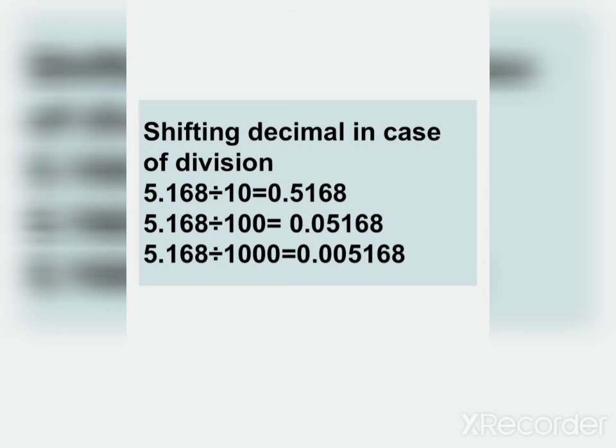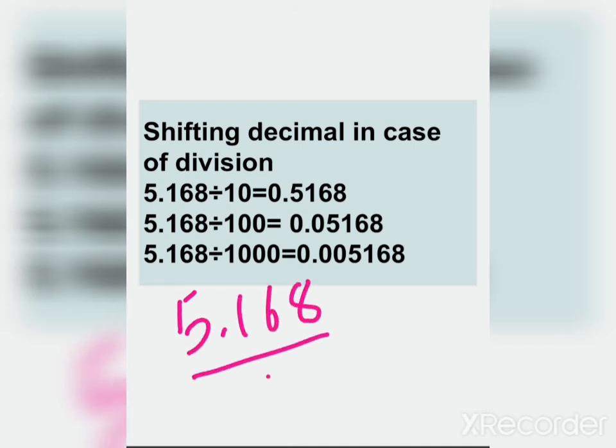Now let's see the case of division. In division we do a similar thing, but we shift the point towards the left hand side. Keep this in mind. It is 5.168 divided by 10.